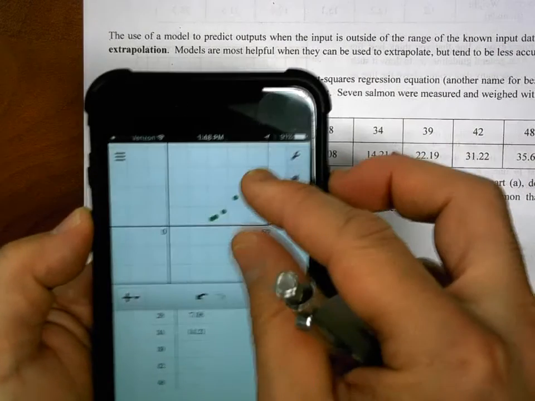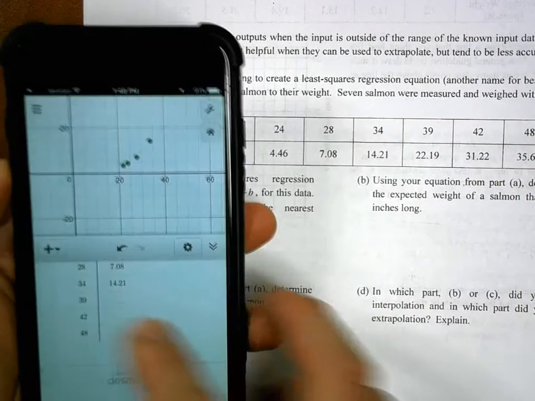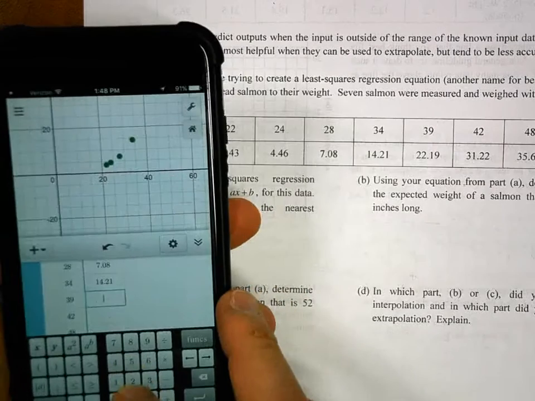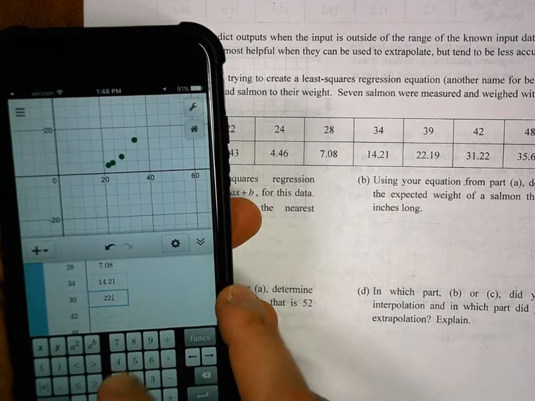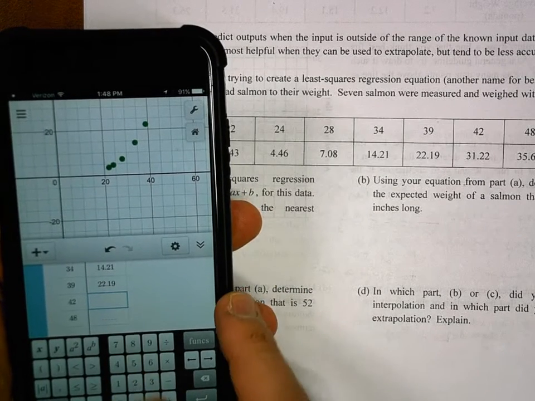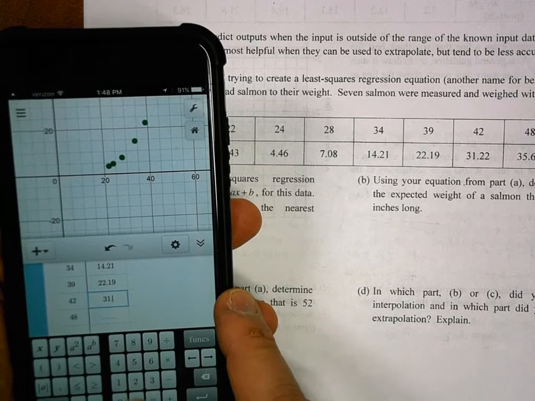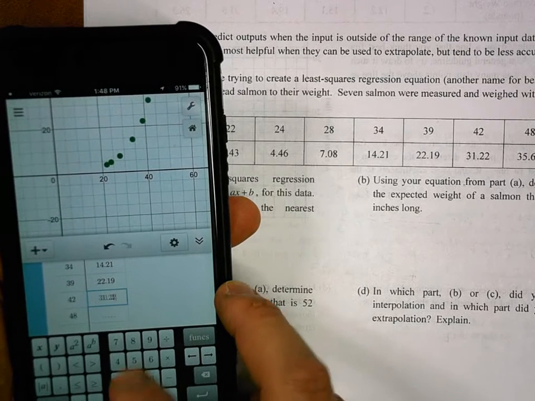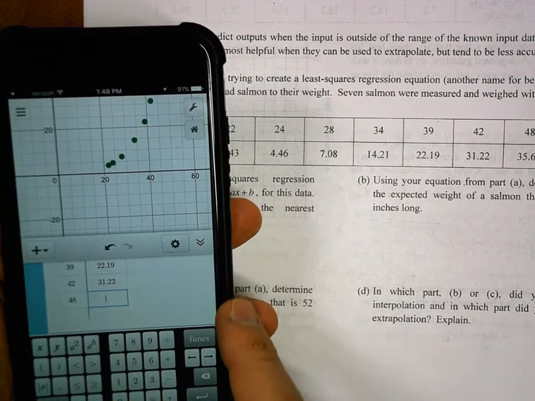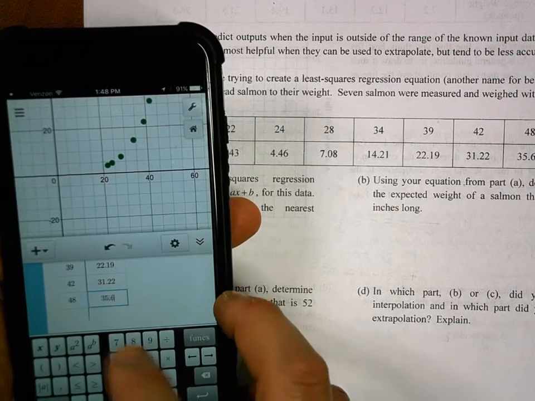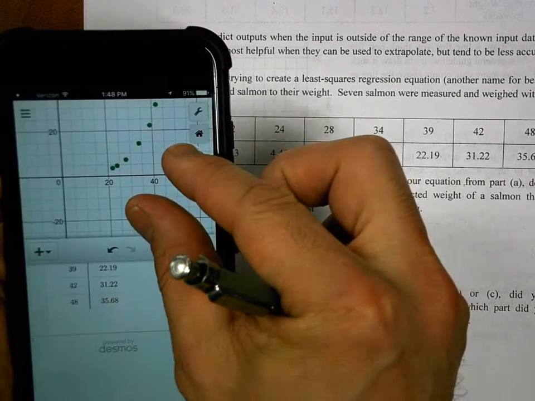You could zoom out a bit. Okay. Let's see, so 39, 22.19, 31.22, 40 is 35.67. Okay, and there we go.